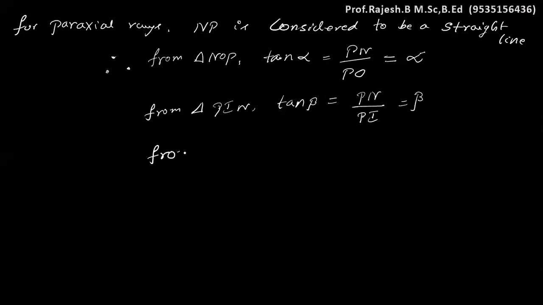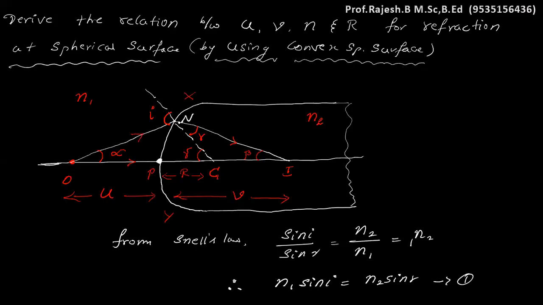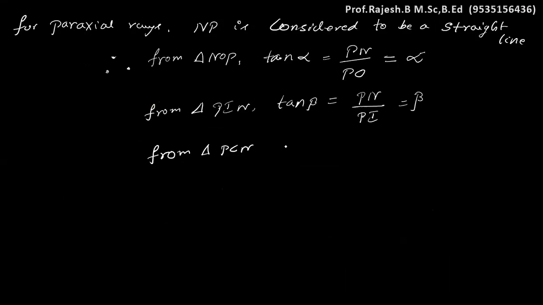And from triangle PCN, also in the diagram here, PCN, here is gamma, so tan gamma. Tan gamma is equal to PN divided by PC. So this is gamma.